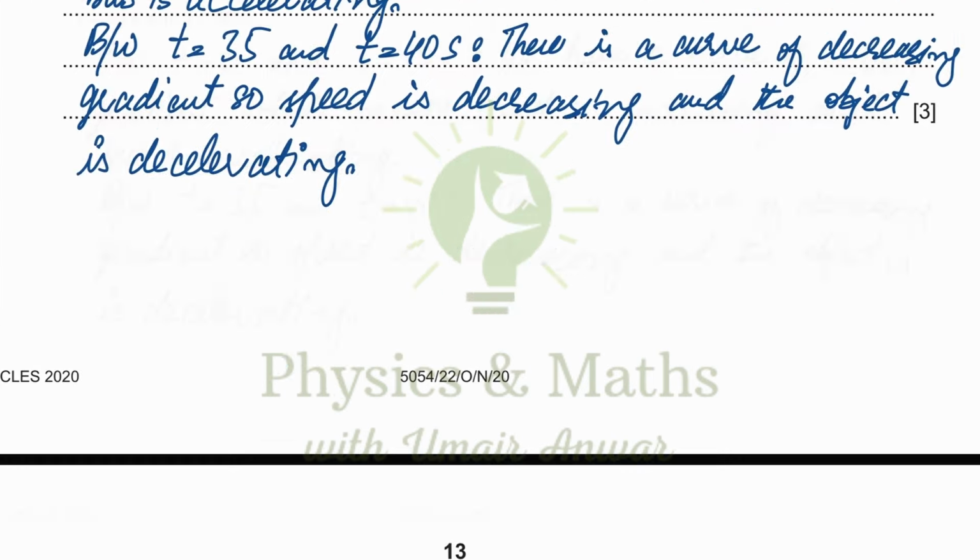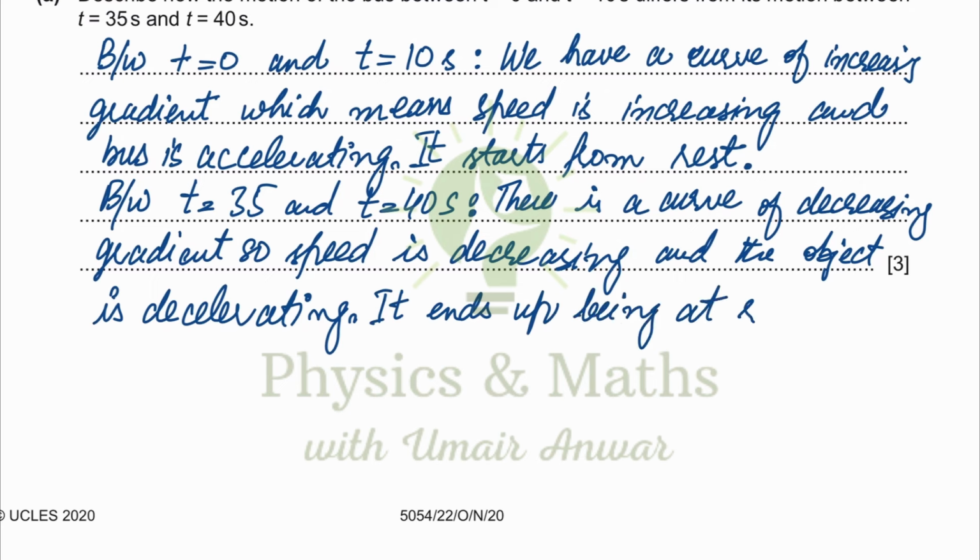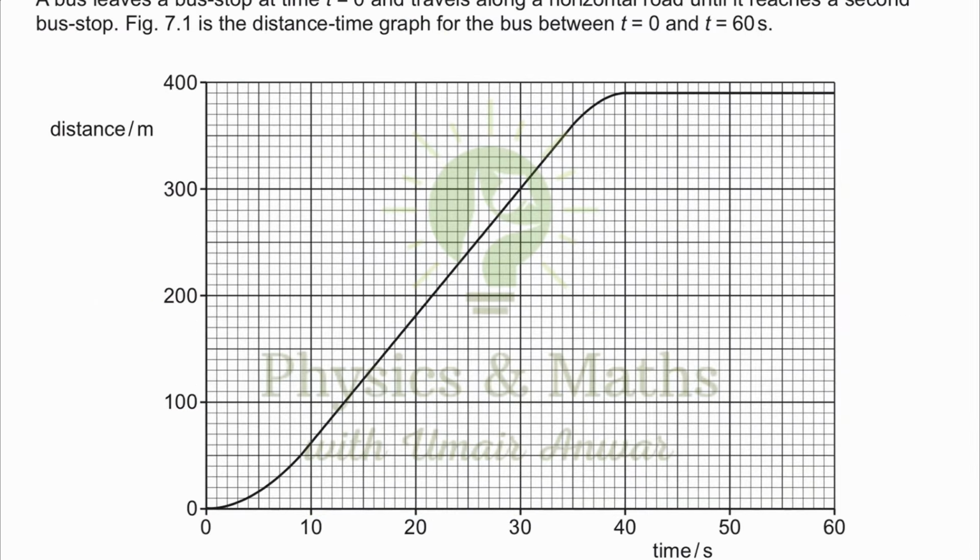So the 3rd point could be: it starts from rest and speeds up between t is equal to 0 to 10 seconds, and it ends up being at rest at t is equal to 40 seconds, as the graph became perfectly horizontal when the bus reached the t is equal to 40-second mark.